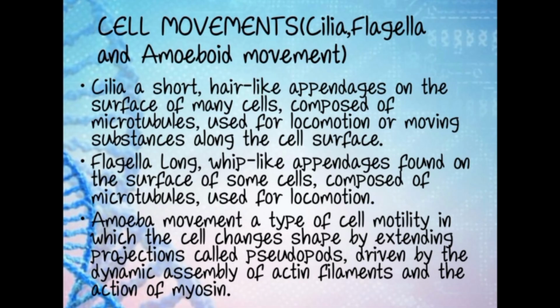Second is flagella, long whip-like appendages found on the surface of some cells, composed of microtubules, used for locomotion. Lastly, amoeboid movements are a type of cell motility in which the cells change shape by extending projections called pseudopods, driven by the dynamic assembly of actin and myosin.